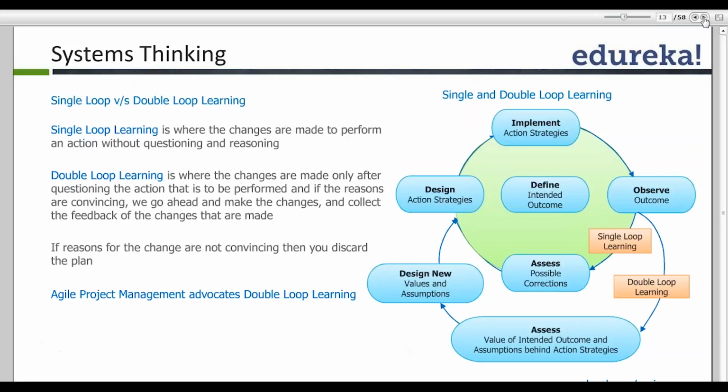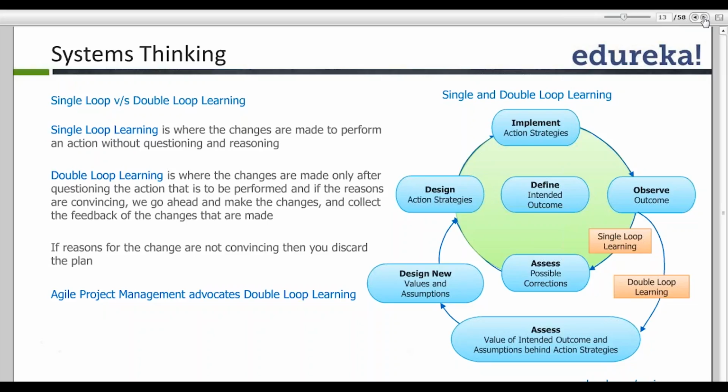In a single loop learning, the moment I observe some discrepancy, I immediately make the change, without any questions or reasoning. In a double loop learning, if I observe some discrepancy, I also need to apply due diligence, or I need to be sure that the change to be done is convincing enough. And then only we go ahead and make the changes.